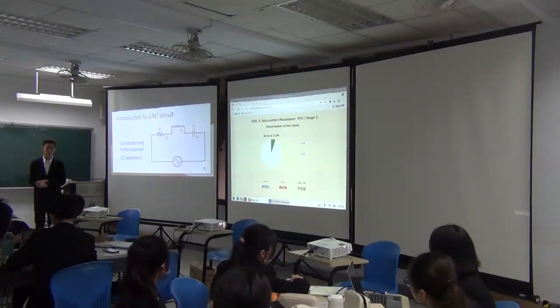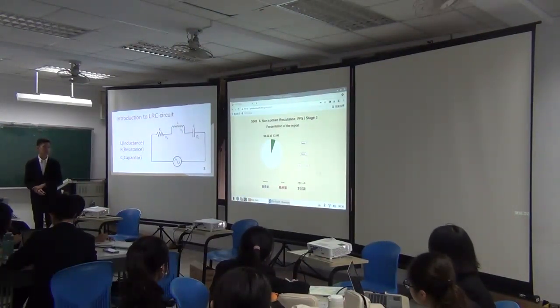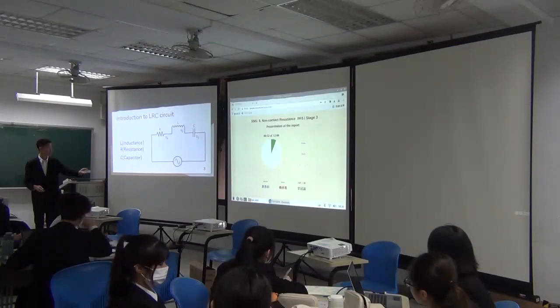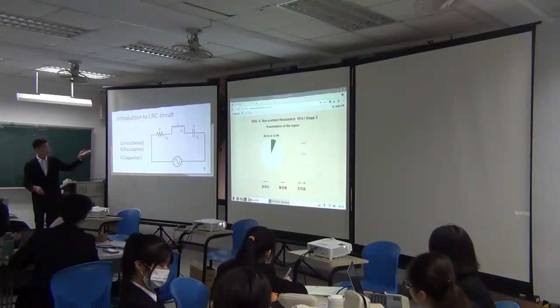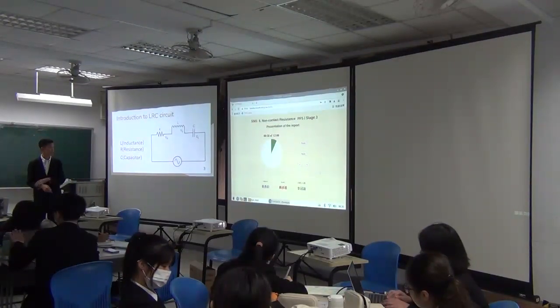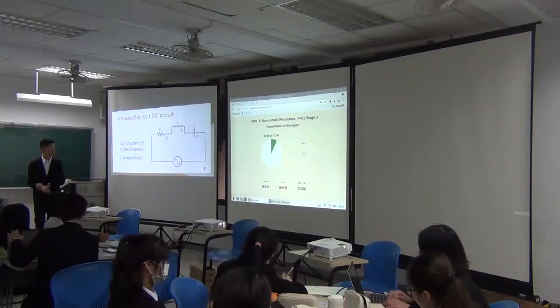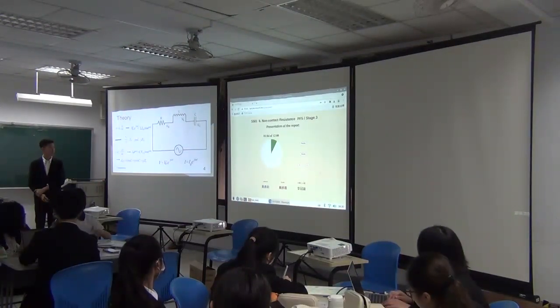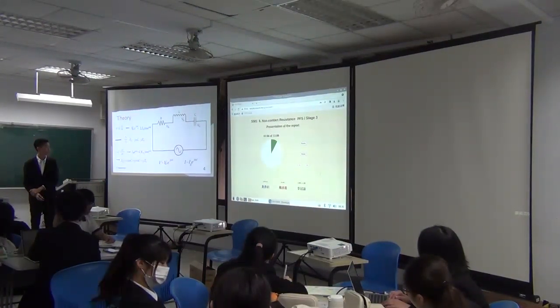Since it was mentioned in the problem statement, let's give LRC circuits a simple introduction. As you can see here, L stands for inductance, R stands for resistance, and C stands for capacitors. So here comes our theory model.